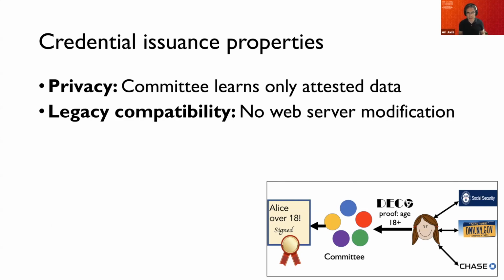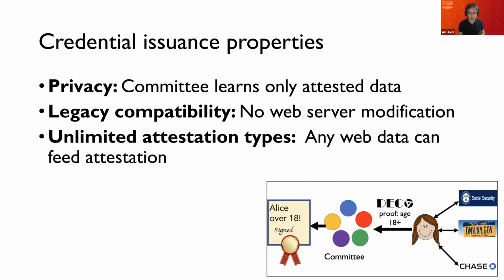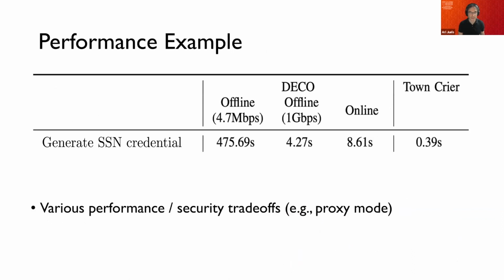As I said, there's no need to modify any of the servers participating in this protocol. And additionally, we can construct attestations or decentralized identity documents of essentially any type we like, as long as there's an authoritative website somewhere out there with the data in question, we can construct a decentralized identity document using that data.